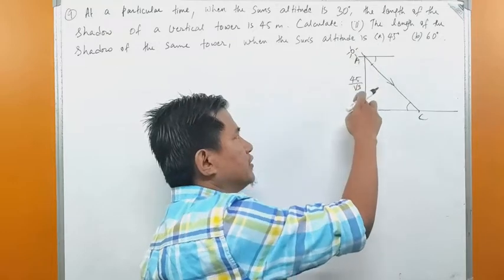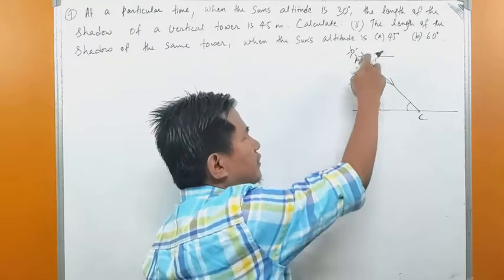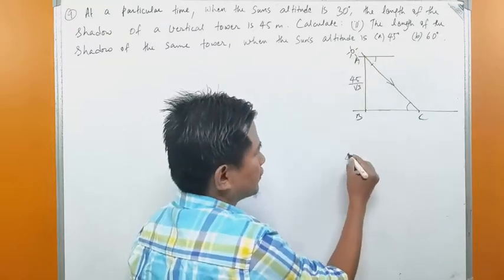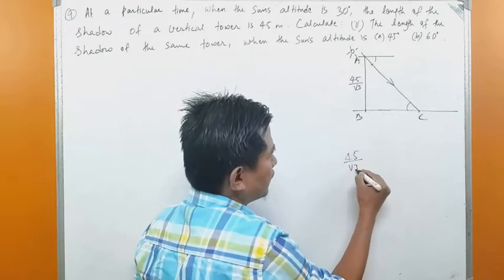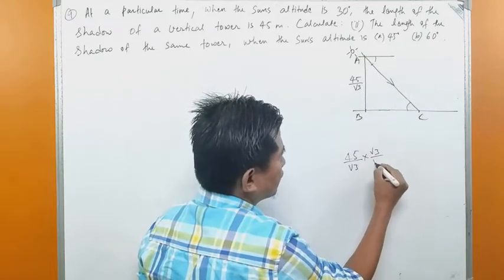Because we found the height of the tower. Height of the tower is 45 root 3. So we did this earlier. 45 by root 3 into root 3 by root 3.